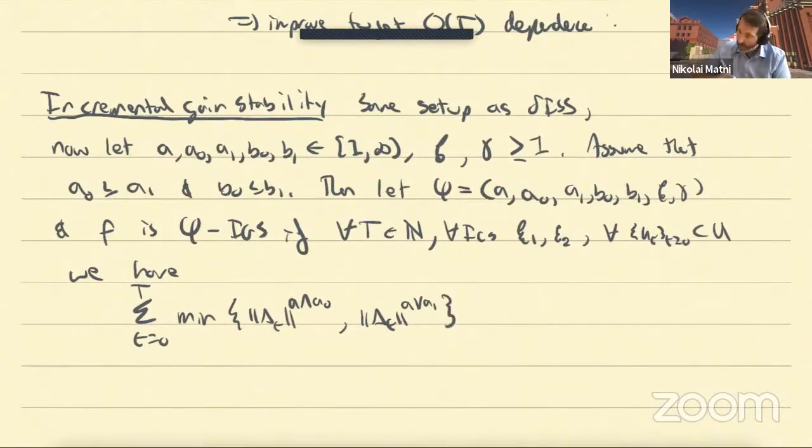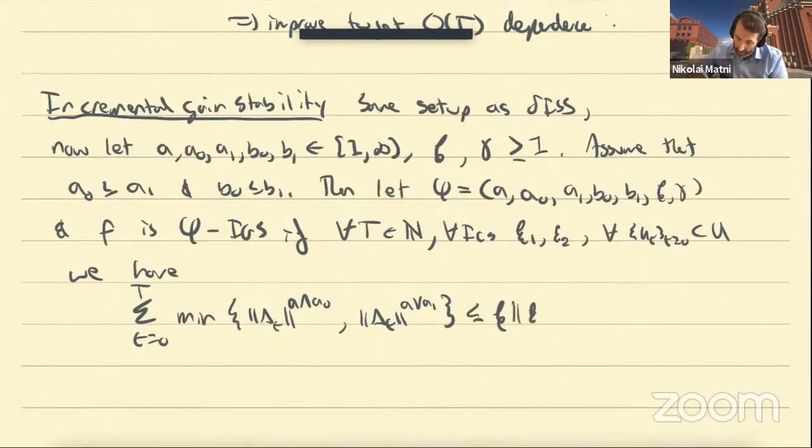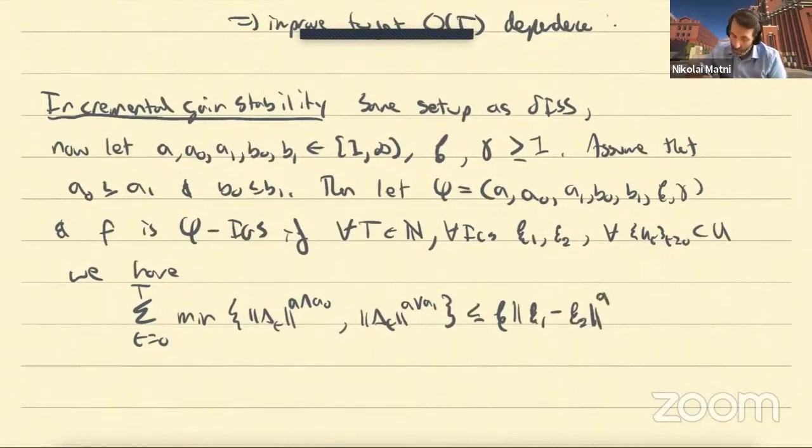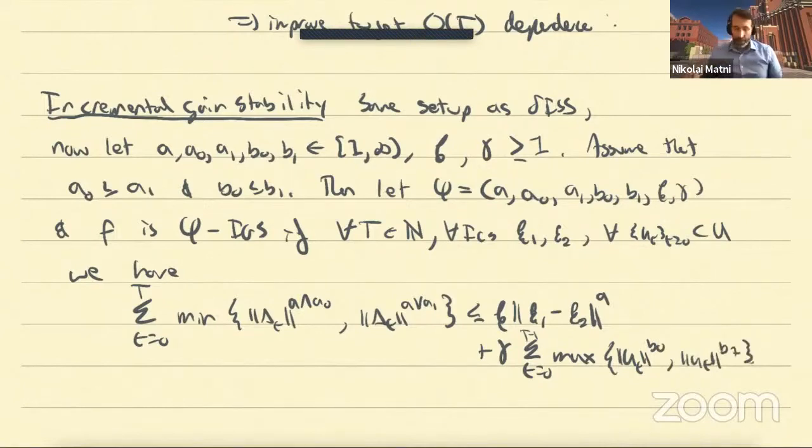This has to be less than or equal to my gain zeta times the discrepancy between my two initial conditions raised to the power A, plus gamma times the sum of T equals 0 to T minus 1, the max of UT either raised to B0 or UT raised to B1.